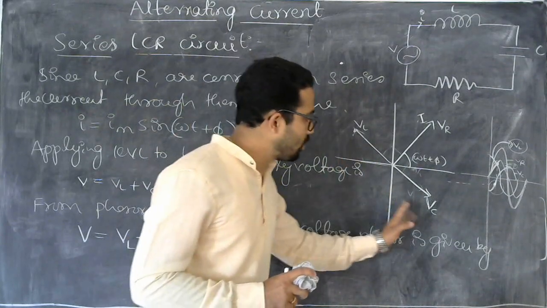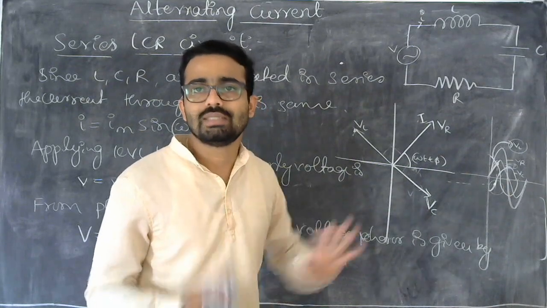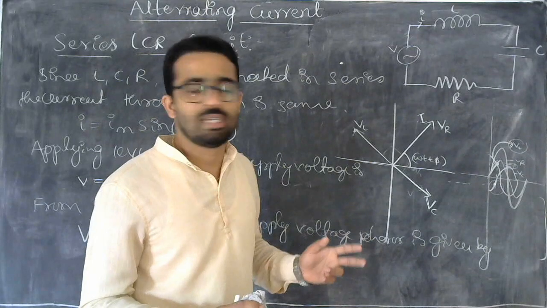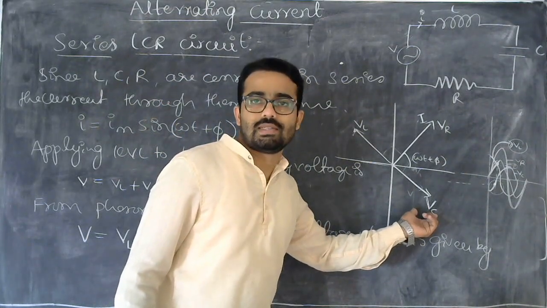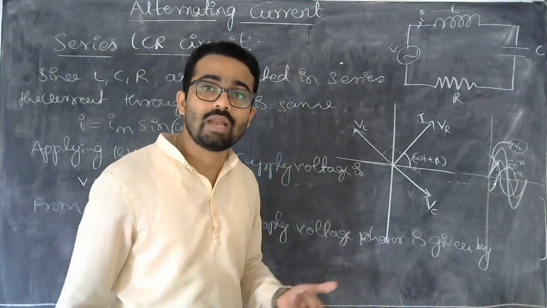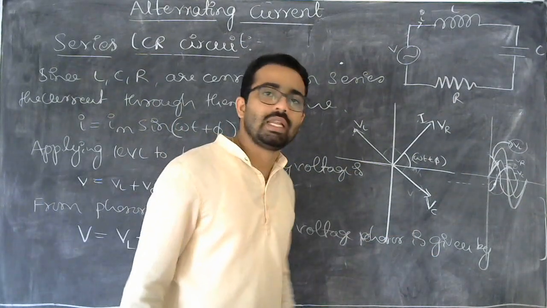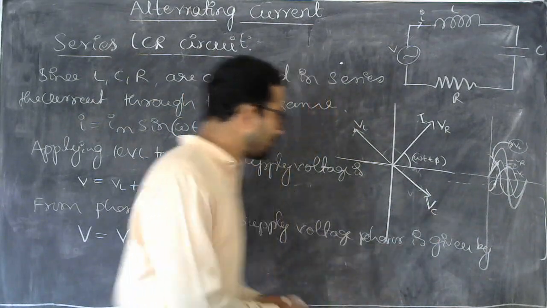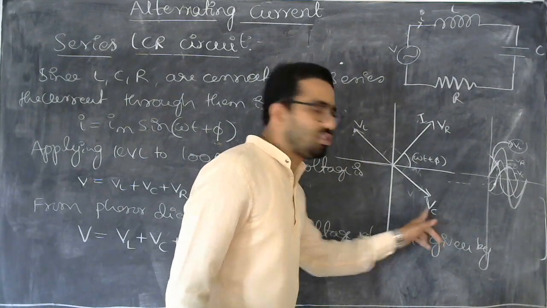The vector magnitude of a phasor is its peak value, and the phasor magnitude is its RMS value. That is the difference. Here we are considering the vector magnitude of the phasors.